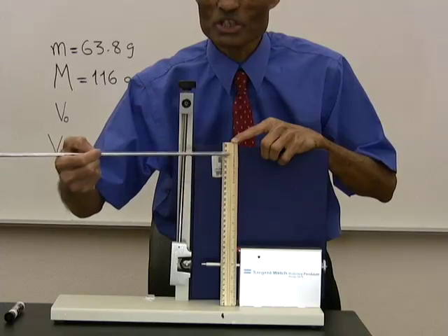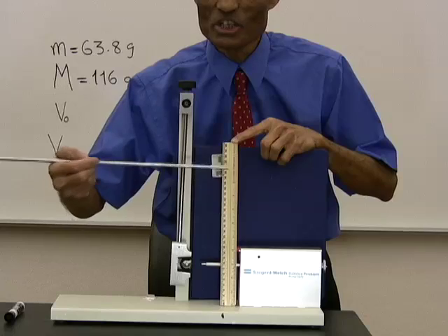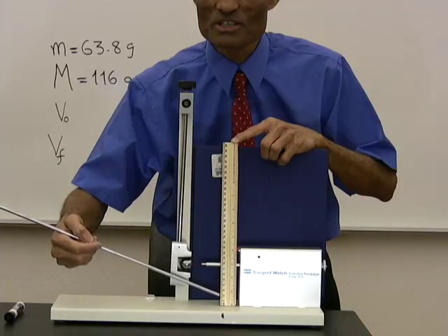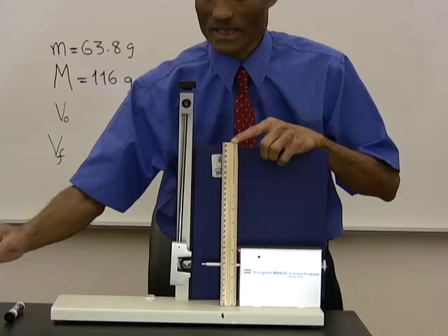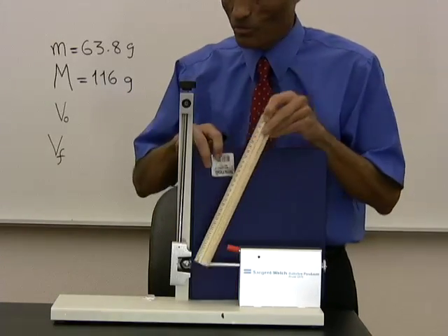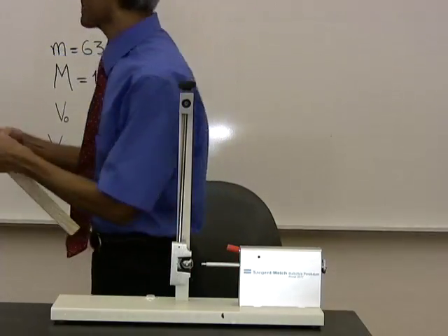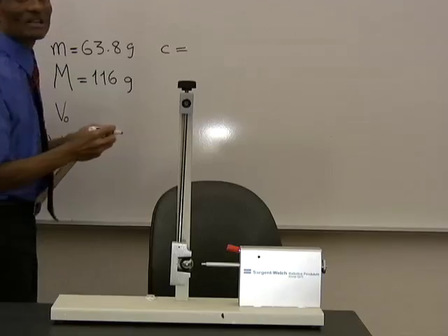Measure this height on your computer screen, then divide the actual length, which is 30 centimeter, by your measured value, and that is your conversion factor. Now record the conversion factor C. So write down the conversion factor C.